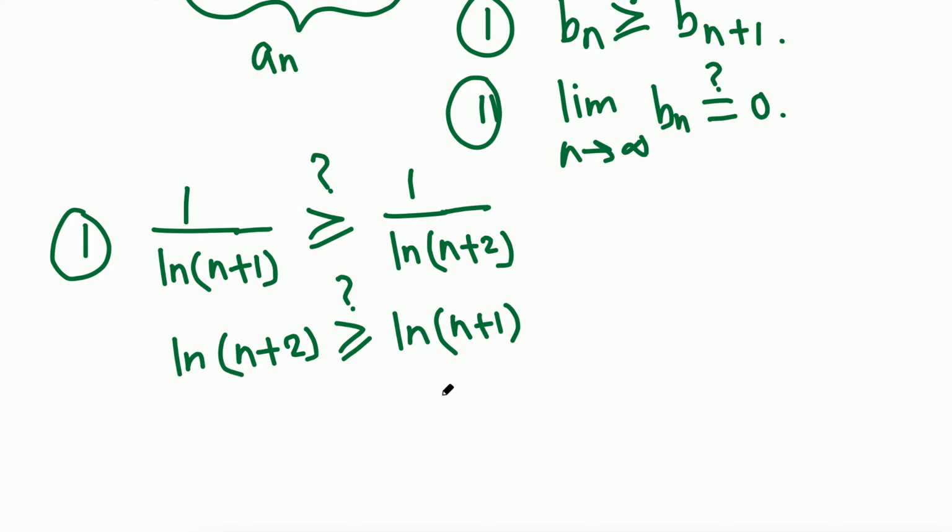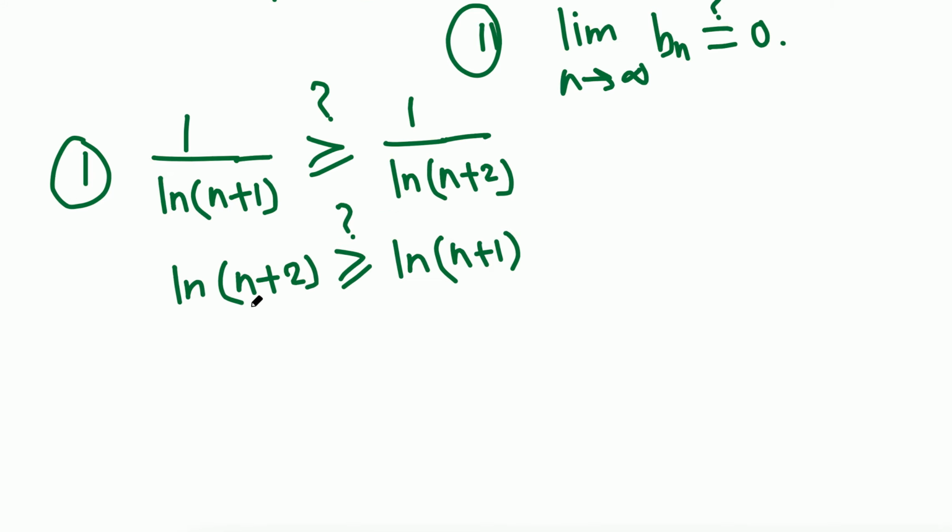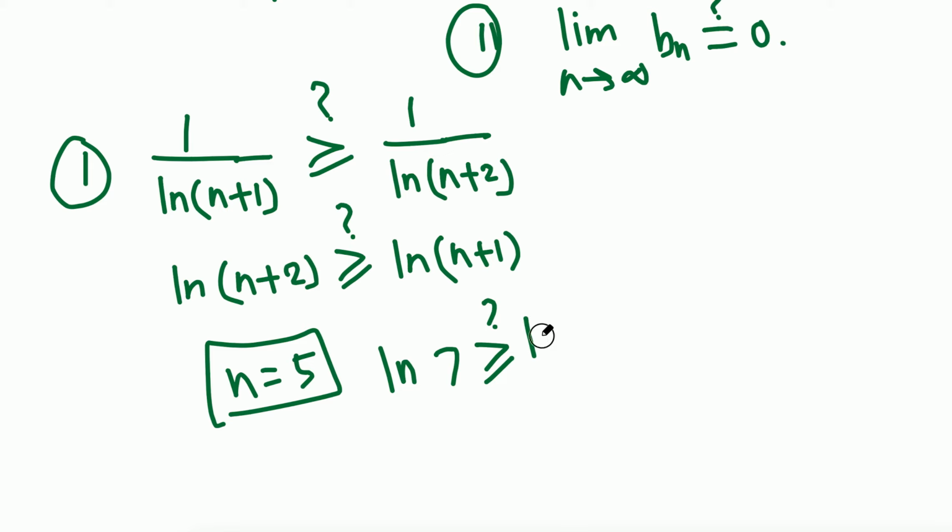Is this true? You can check, take n equals some very big number, n equals 5. Is natural log of 7 bigger than or equal to natural log of 6? Yeah, that's true.